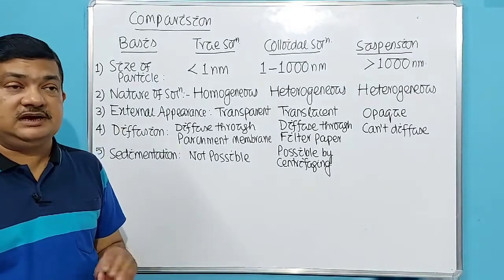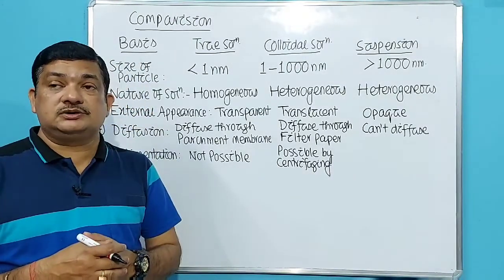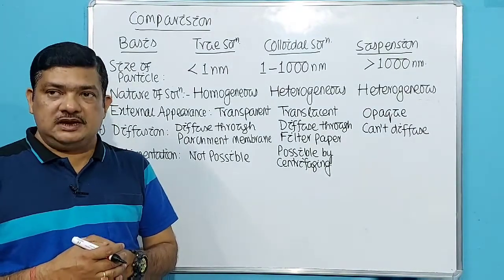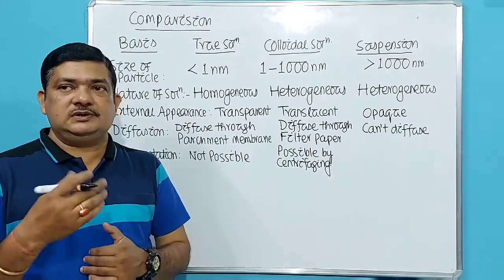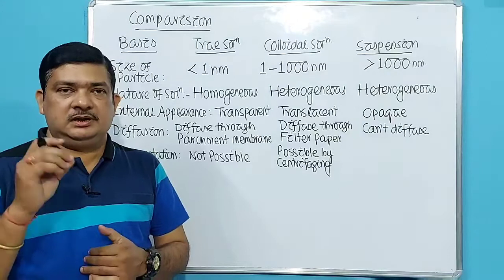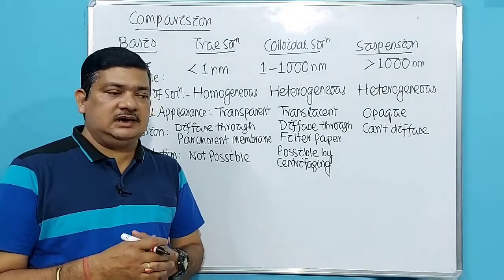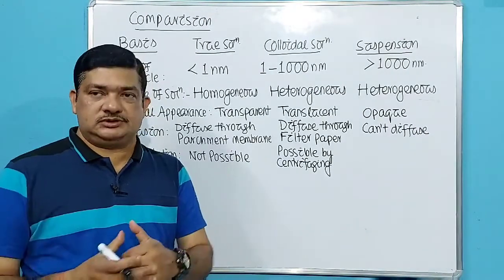They do not settle down automatically because the colloidal particles are under a constant zigzag motion, which we will discuss next. That is called Brownian movement or Brownian motion. In biology, you must have read regarding Brownian motion because it was discovered by Robert Brown. He left some pollen grains in water and found that the pollen grains are in a constant zigzag motion.